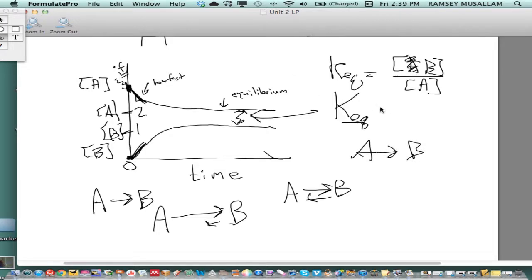Okay, so if I wanted to get a number for this, I would say concentration of 2 divided by concentration of 1 equals 2. So what that tells me is that at equilibrium, for the reaction A goes to B, the ratio of product to reactant at equilibrium is 2.